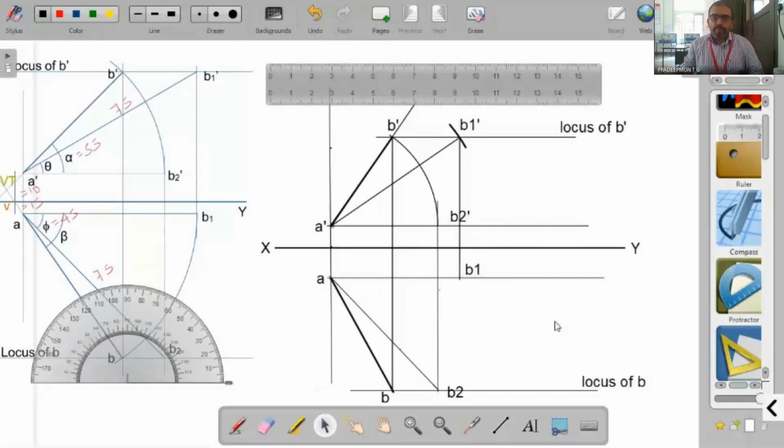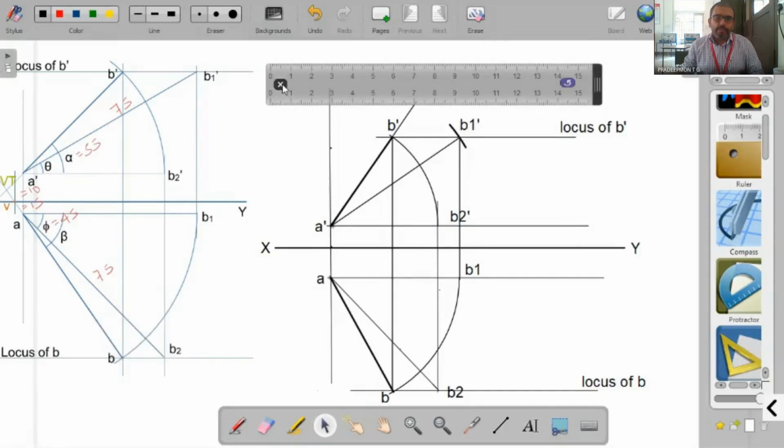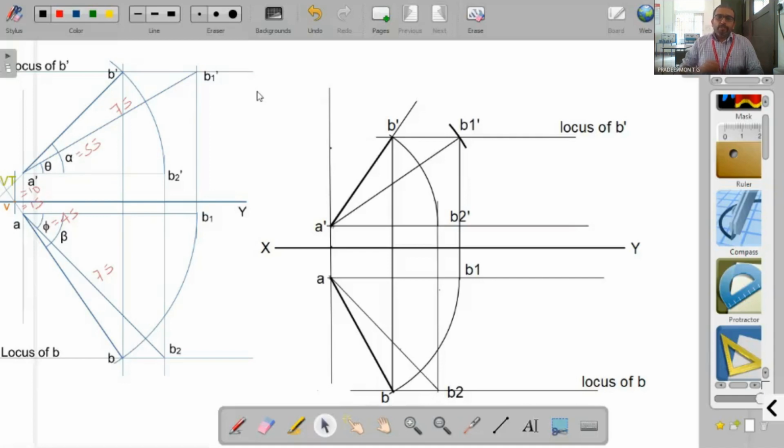And again using the compass, with the same radius, drop an arc. Okay, it's almost perfect. Not exactly perfect, but still it is almost good enough. So this is how it is being drawn.